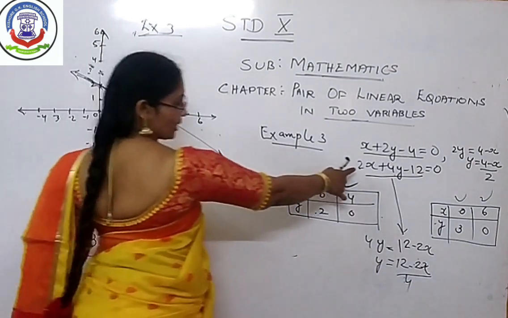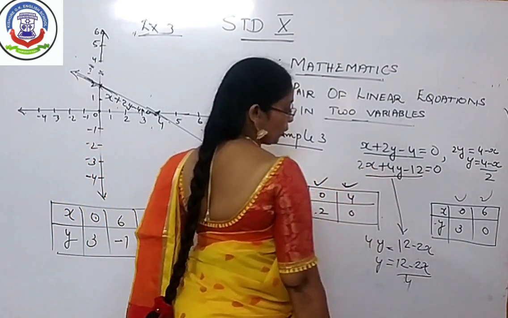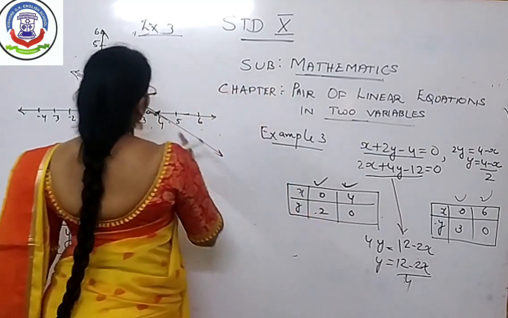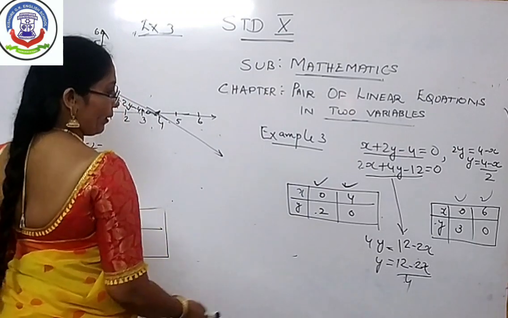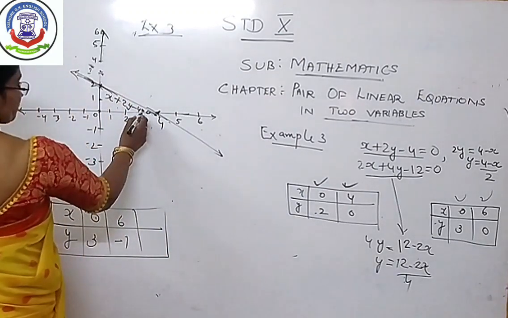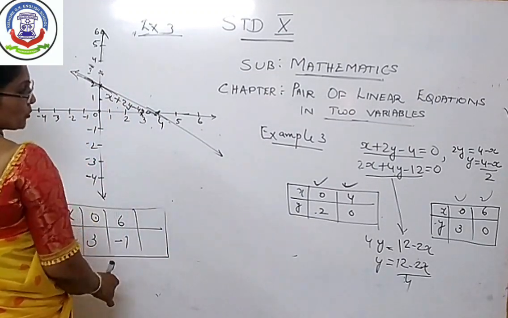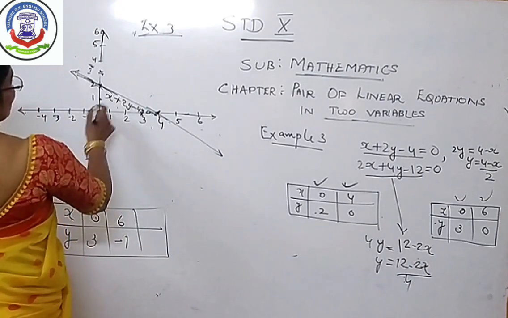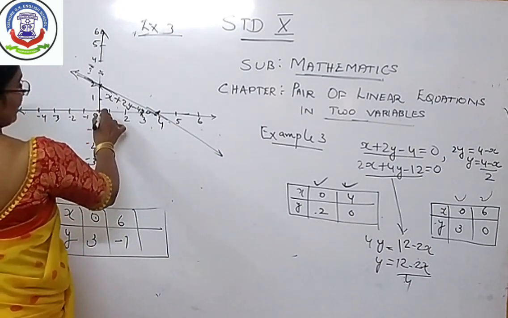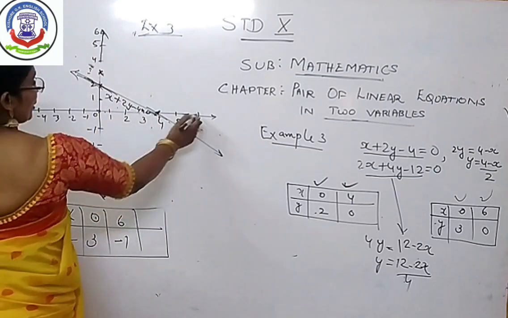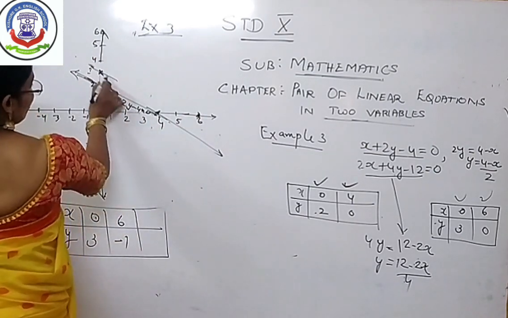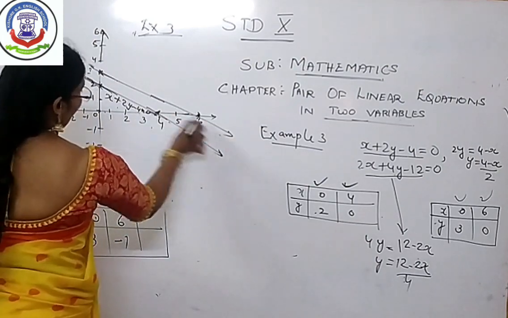Second equation, 2x plus 4y minus 12 equal to 0. For that also you write down the coordinates (0, 3) and the next one (6, 0). (0, 3) is going to come here, and (6, 0) is coming here. So you are going to get a parallel line like this.